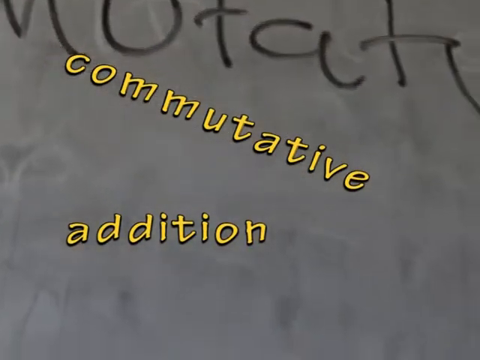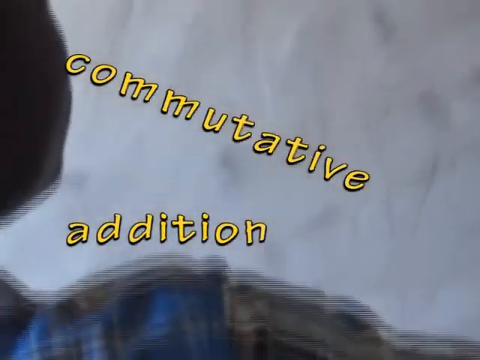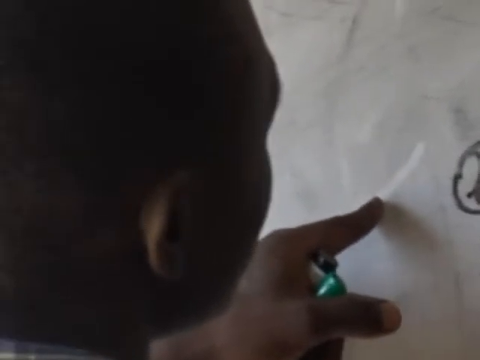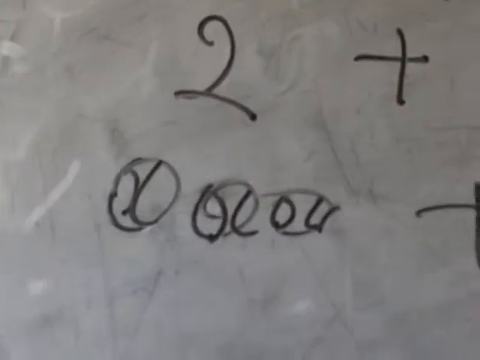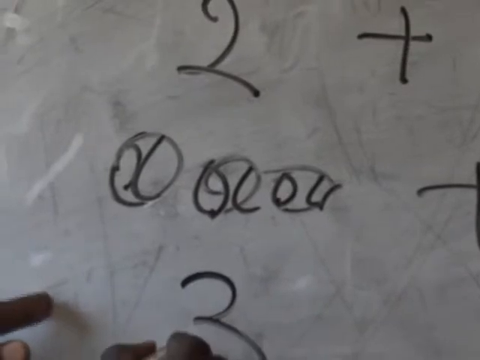What do we mean by this? We might be having maybe 2 balls, then plus 3 balls, then here we have 3 balls, then we are adding with 2 balls. Here we have 2, and then we are adding 3, but here we have 3 and we are adding 2.